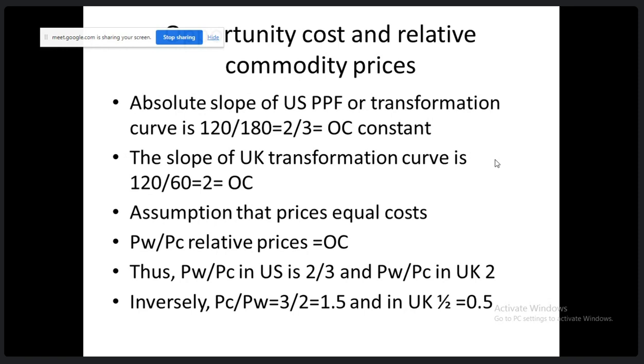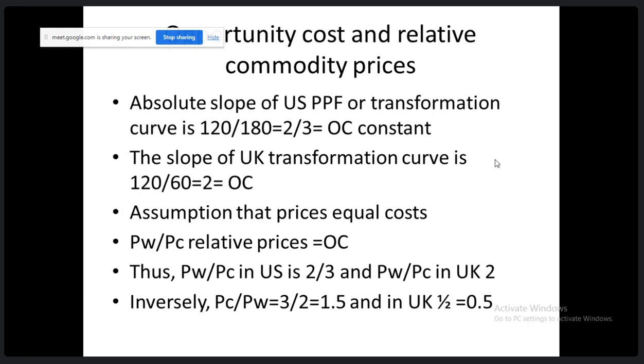Yes, ma'am. Okay. So how can opportunity cost be used to determine comparative advantage? We know that the opportunity cost of W is equal to the amount of C that the nation must give up in order to release enough resources to produce an additional unit of wheat.